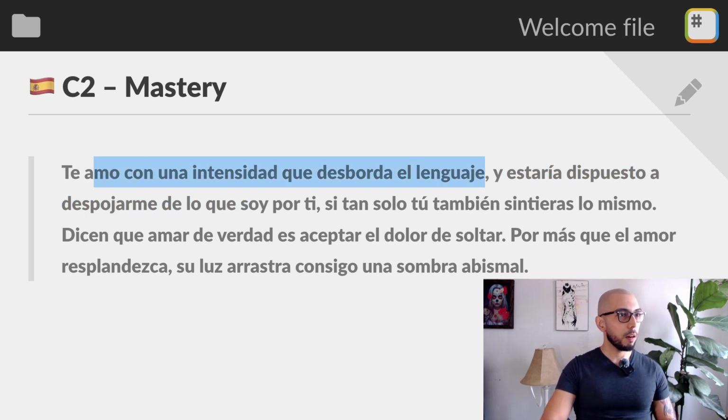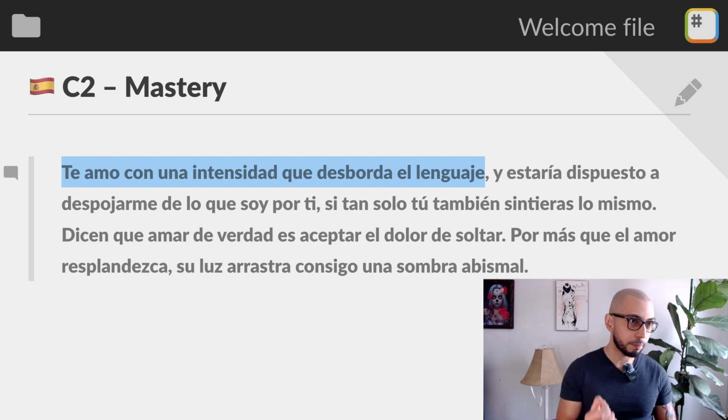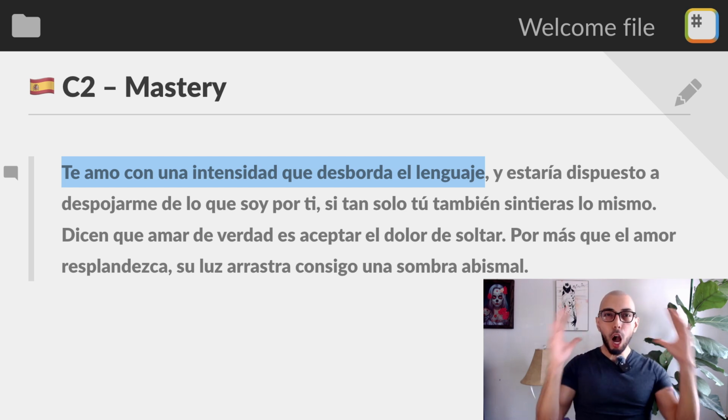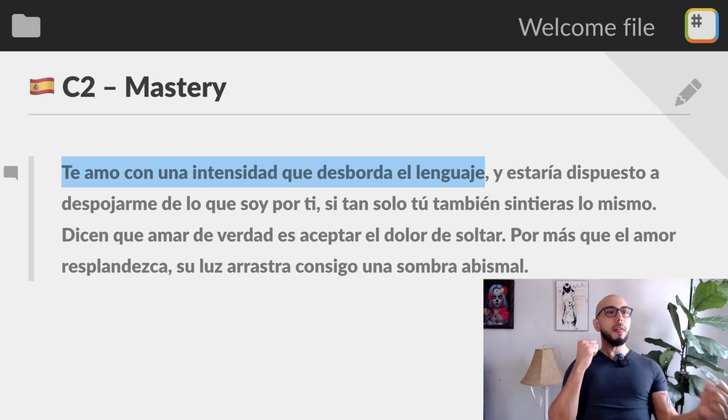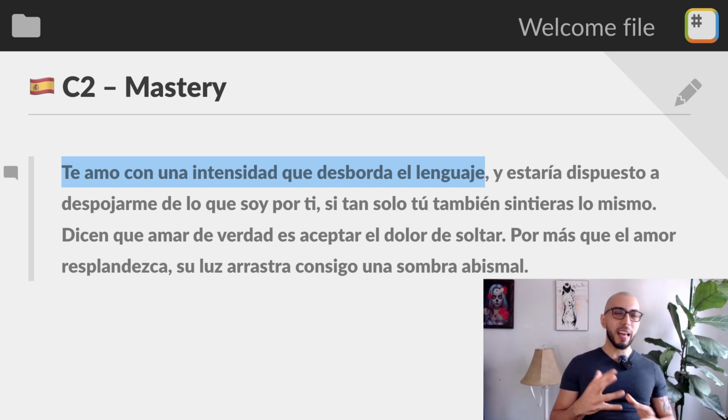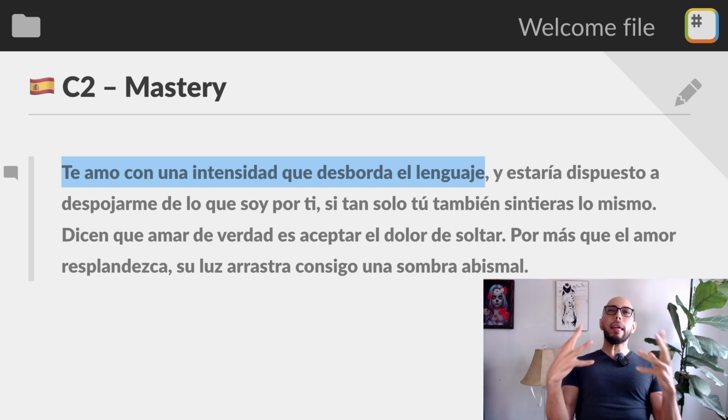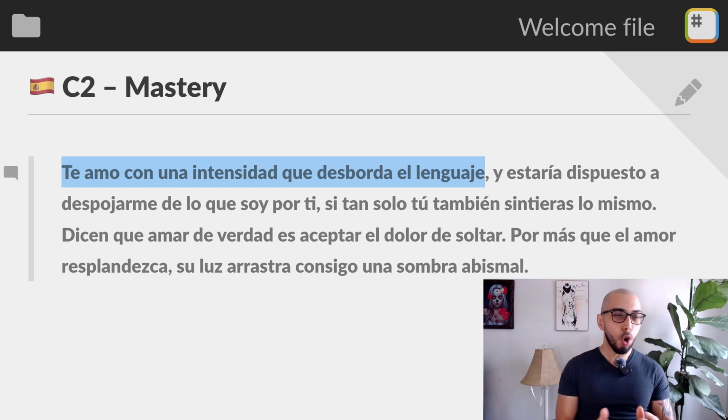So the first phrase here, te amo con una intensidad que desborda el lenguaje. I love you with such an intensity that goes beyond language. The art of language, the mechanics of language cannot even begin to accurately transmit the intense, fiery, burning love that I have.